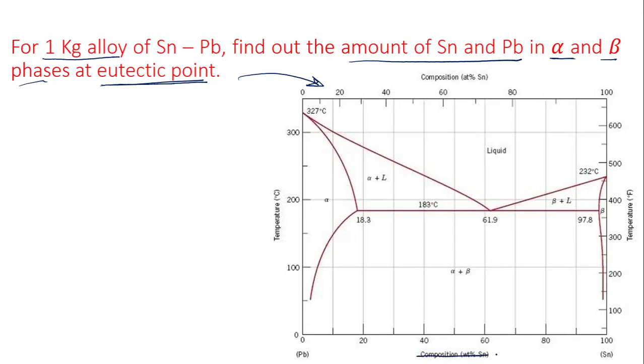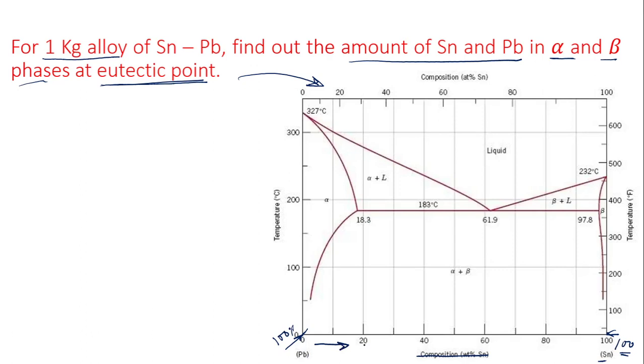Then how will you identify? There is a very common thing here. Pb is written, so the percentage of Pb at this corner is actually 100%. Similarly here Sn is written, so the percentage of Sn at this corner is 100%. Now, if Pb is 100% at this corner, then when I go to the right hand side, the percentage of Pb should decrease.